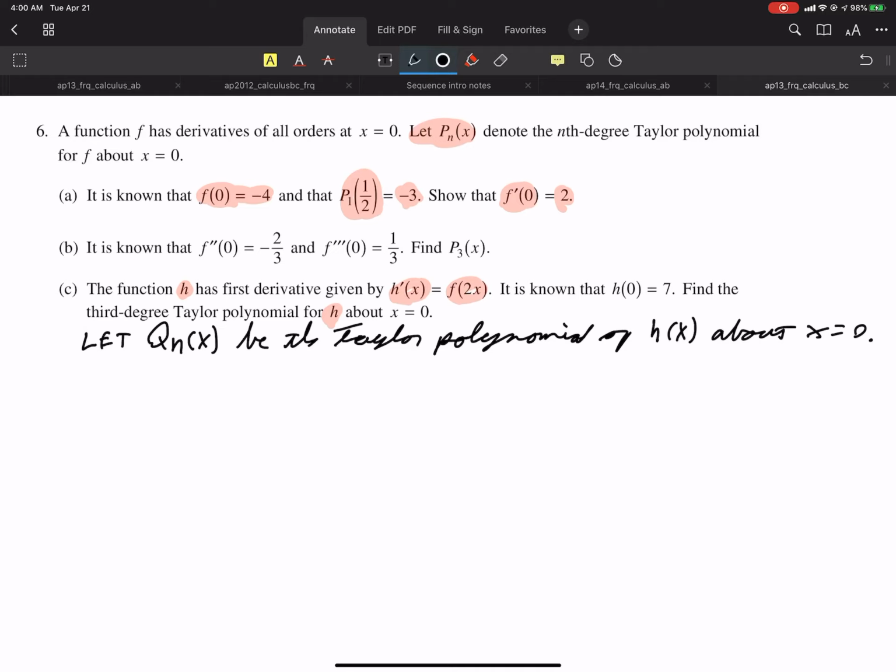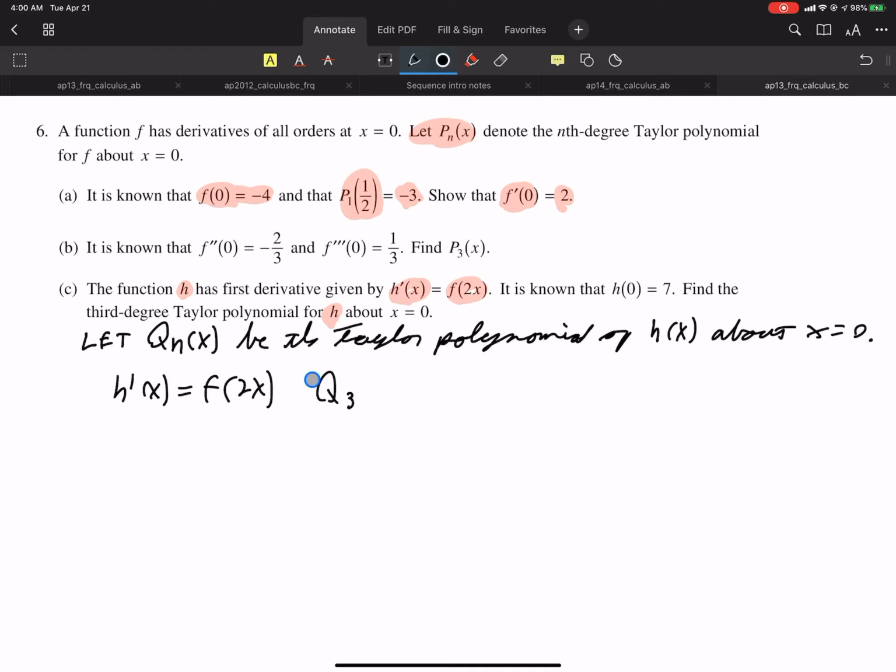So now you have something to deal with. We're told h prime of x equals f of 2x. Based on that fact, to find the third degree Taylor polynomial, actually it's going to be q prime, because this is h prime.